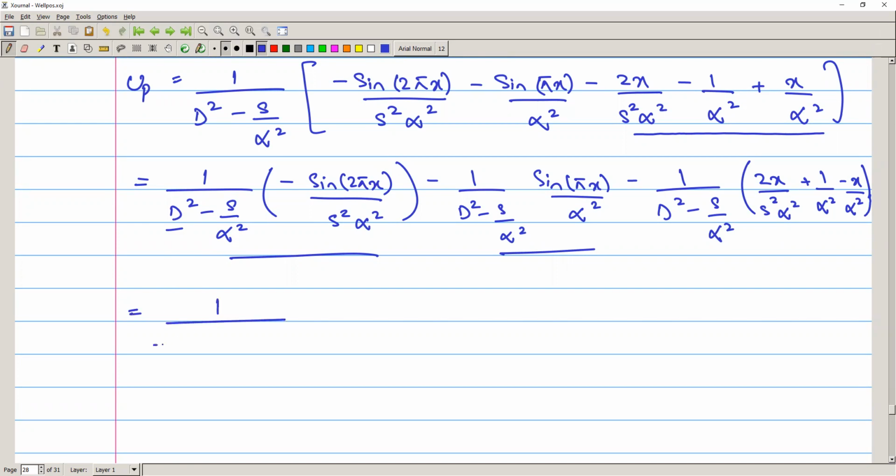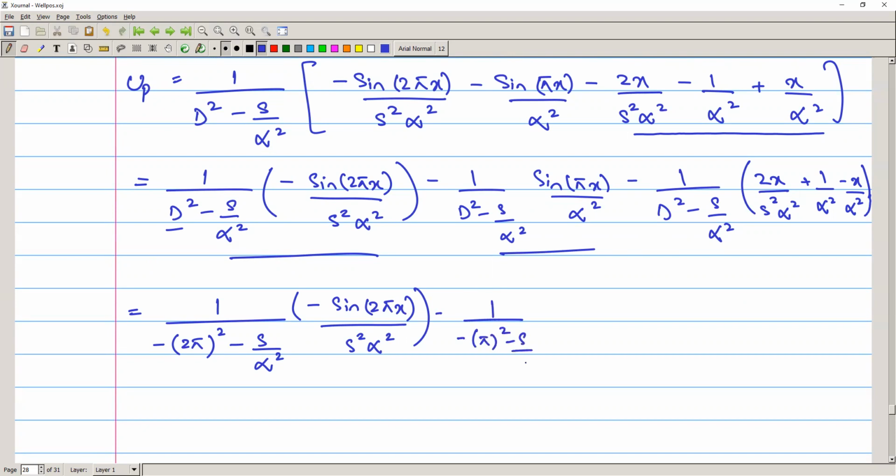So it will be negative 2 pi, not x, only the angle, that is 2 pi, whole squared minus s over alpha squared, times negative sine 2 pi x over s squared alpha squared, and then minus, similarly here, negative pi squared minus s over alpha squared, sine pi x over alpha squared.